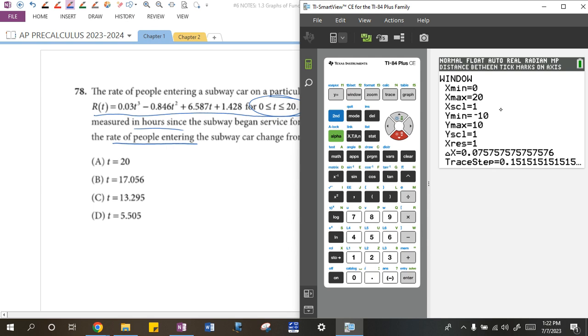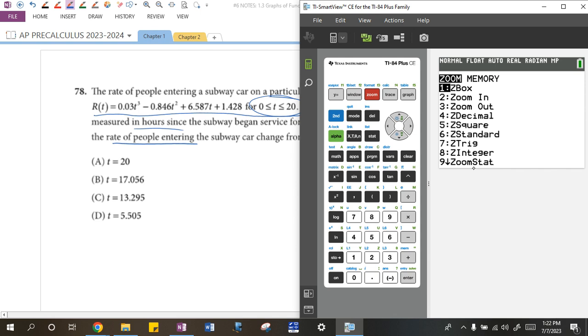And then don't mess with anything else and press zoom. There's an option 0 right under zoom stat. I'm going to arrow down to get there just to show you. You can press zoom 0. Zoom fit will fit the y values to keep the domain that you set. So it will fit the y values so that every function value for inputs between 0 and 20 fits in the window you see.